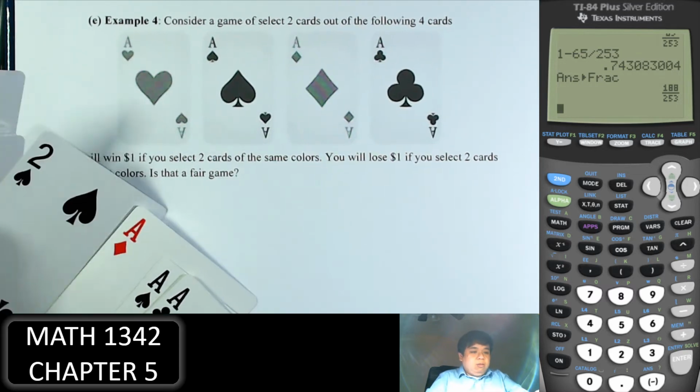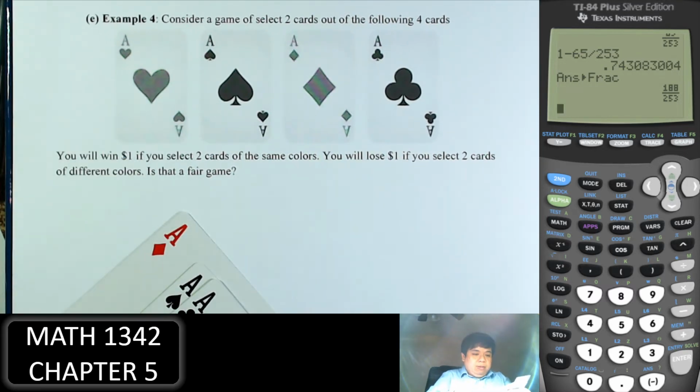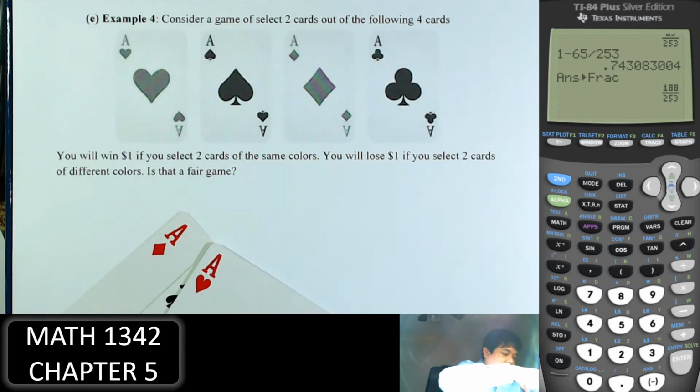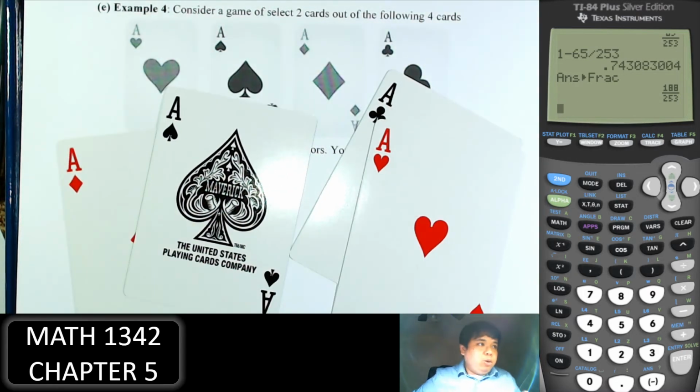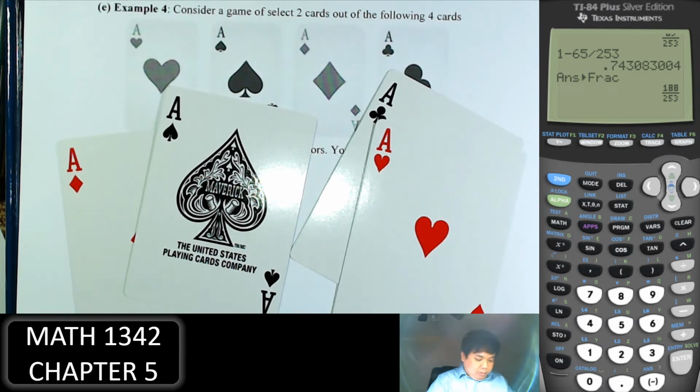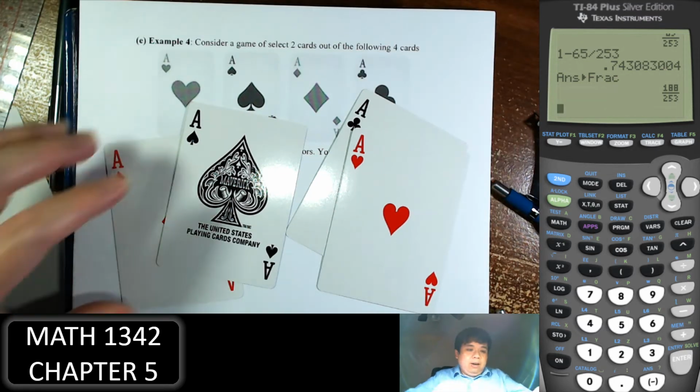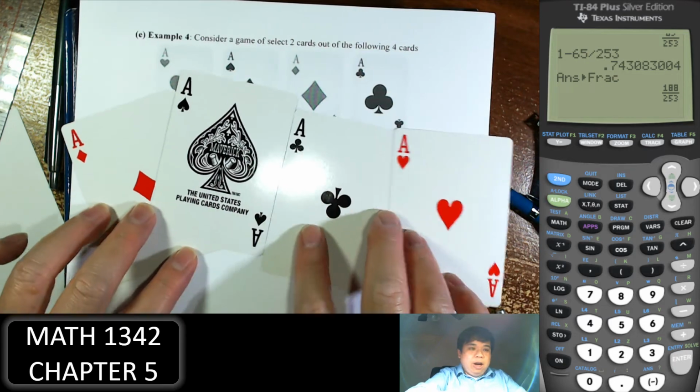Okay, these are 4 aces. Let me zoom out. Right. So there are 4 cards.